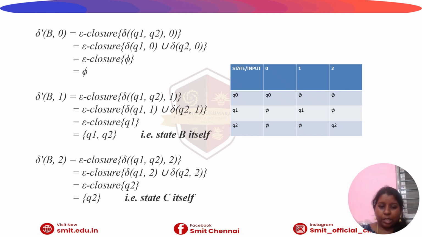Then we'll see with the table Q1 comma 1 is Q1 and Q2 comma 1 is empty. So we'll write E-closure of Q1 which is Q1, Q2, which is the state B itself. Now for the input 2 again we'll write Q1, Q2 with the input 2 and we'll check in the table we get Q2 and E-closure of Q2 is Q2 which is the state C itself.